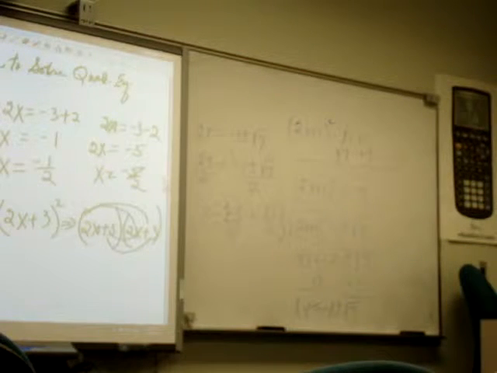Okay, we want a by itself, so what do we got to do? Add 2 to both sides. On the left, we're going to end up with an a. Bring down the real number part first, that's your 2, plus or minus i square root of 5. Any question?